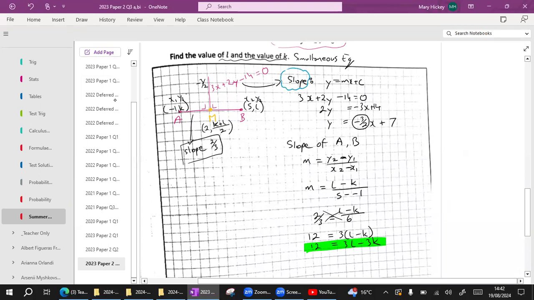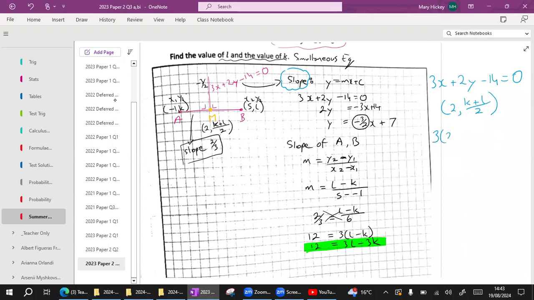Now, how could I get the other one? Well, I know that the midpoint is on the line 3x plus 2y minus 14. If the midpoint is on this line, and it definitely is, because remember, it's a bisector. In other words, it splits it exactly into 2. Now, if it's on the line, then I should be able to fill it in, and the answer should be 0.